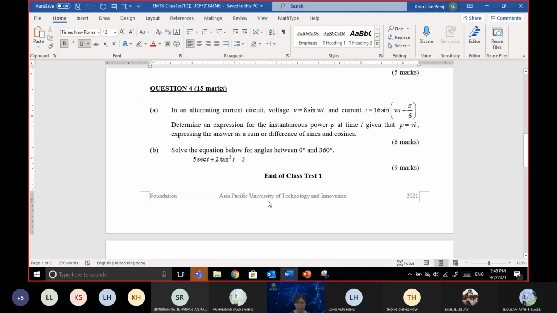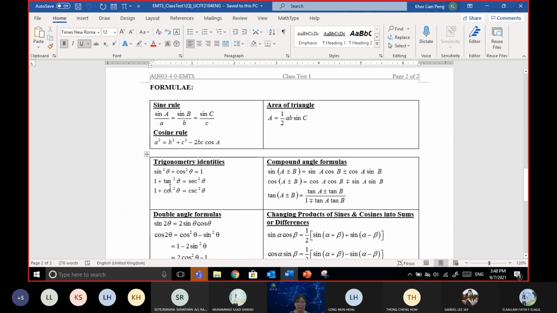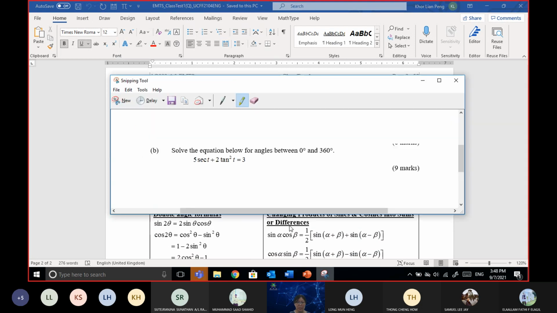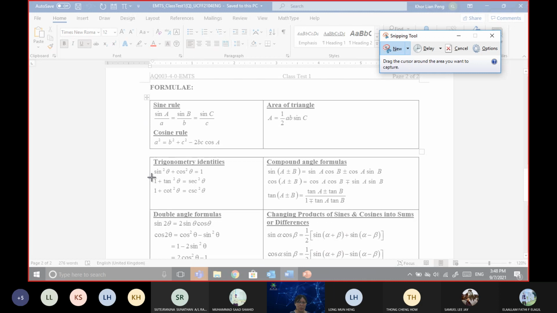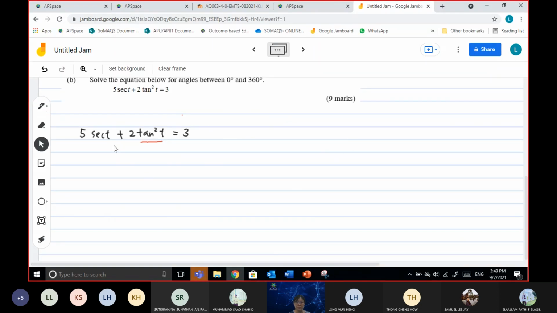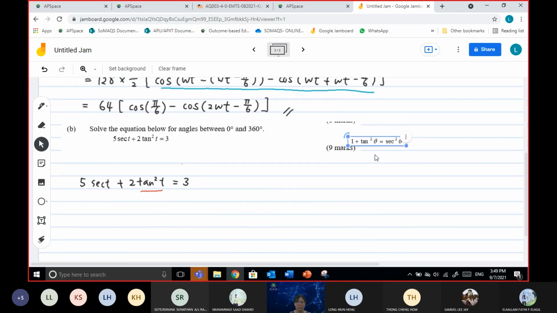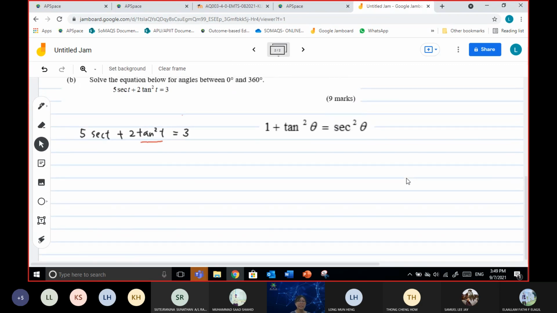If you refer back to the trigonometric identities, the one involving tangent square and secant is this one. This is the identity you should use.